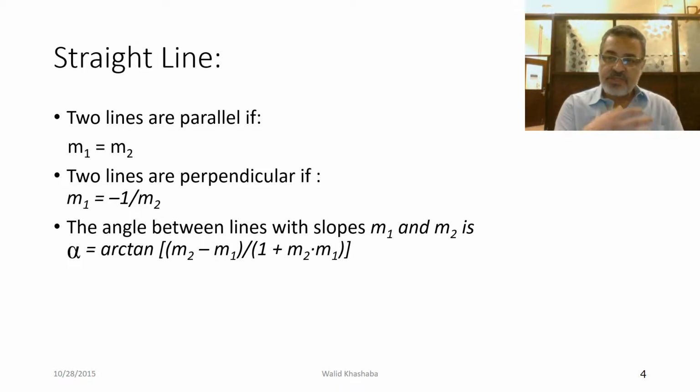Alpha represents the angle between the two lines, and can be found easily using this equation, which is arctan, of course using the calculator, arctan of m2 minus m1, the difference between the slopes, over 1 plus their product.